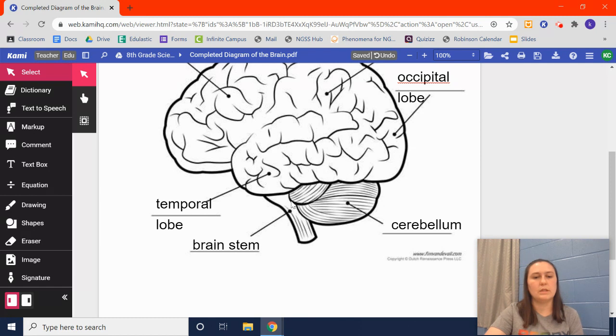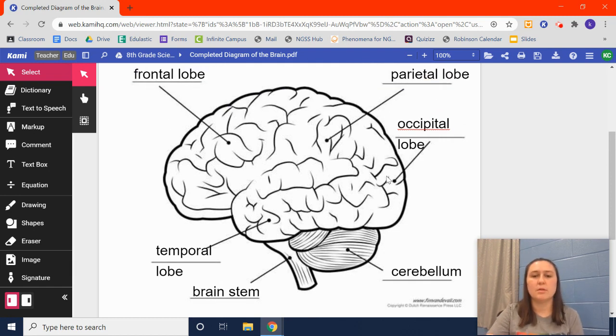If you're just looking at a model, you probably wouldn't be able to tell the difference between the brainstem and the spinal cord because they sort of go together. But your brainstem is going to be your unconscious things, your subconscious things, like involuntary stuff, like your breathing, your heart rate, things like that.